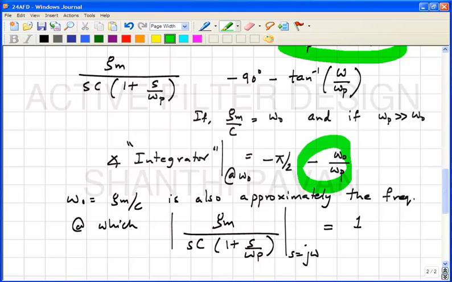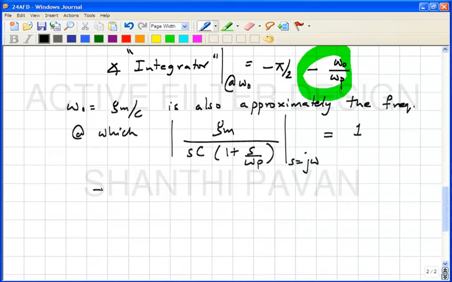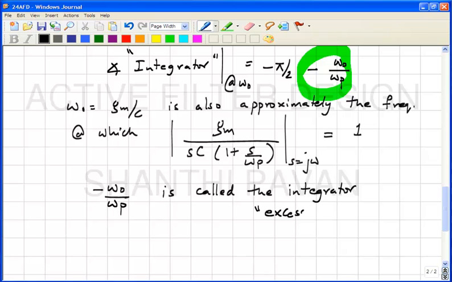Now the actual phase is greater than minus pi by 2, right? So this quantity, minus omega naught by omega p in radians, is called the integrator excess phase.